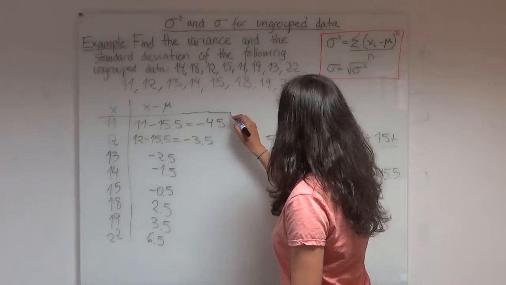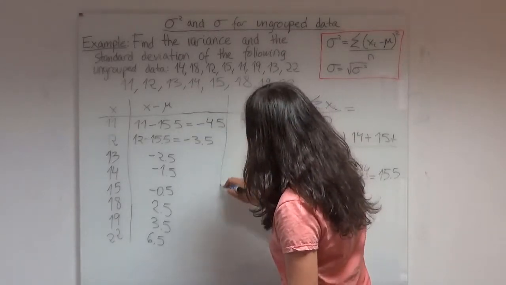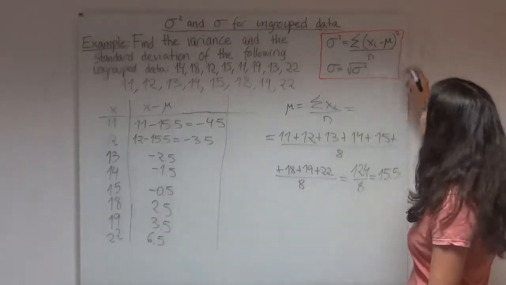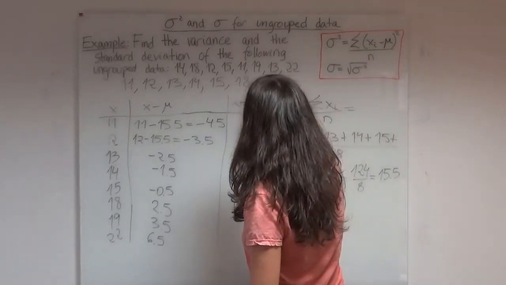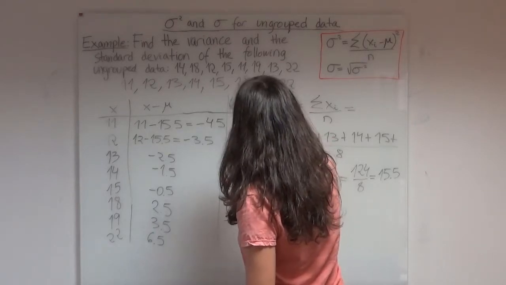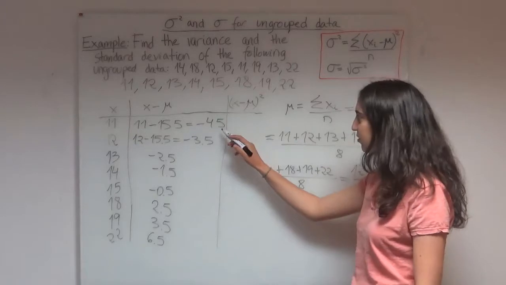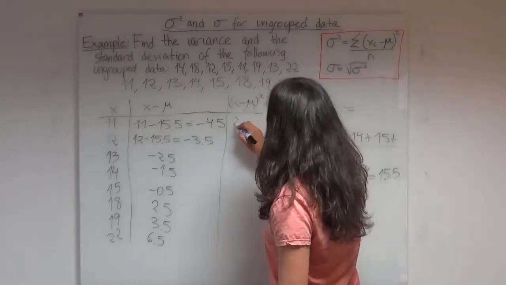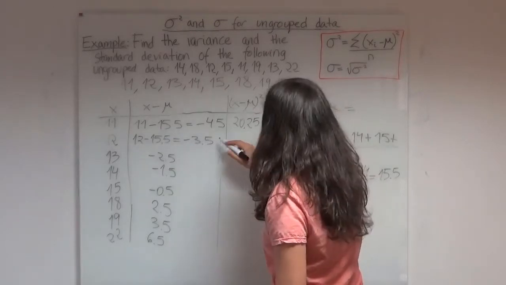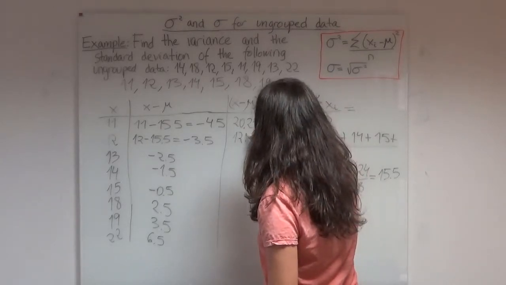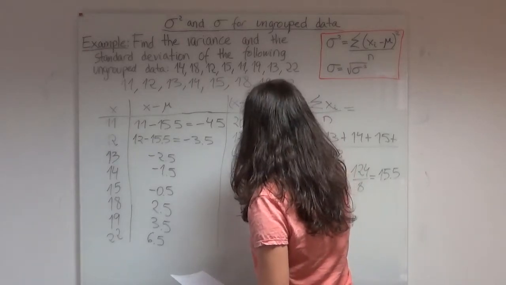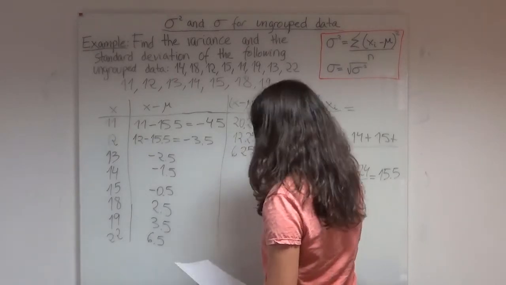So now that we have this, we can make a third and last column to get the value of x minus nu squared, which is just going to be squaring this value here. So minus 4.5 squared is 20.25. Minus 3.5 squared is 12.25. Minus 2.5 squared is 6.25.